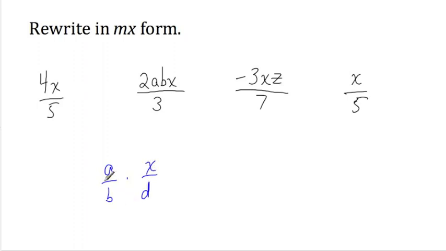If we were to multiply these fractions, we'd use the rule when multiplying fractions: multiply numerator by numerator and denominator by denominator. So this would give me a times x over b times d.